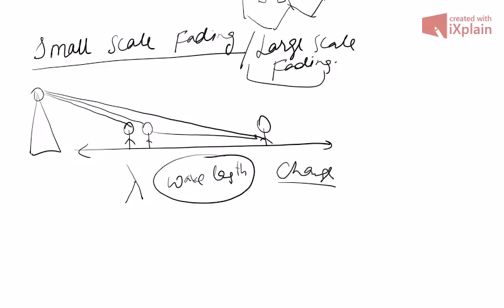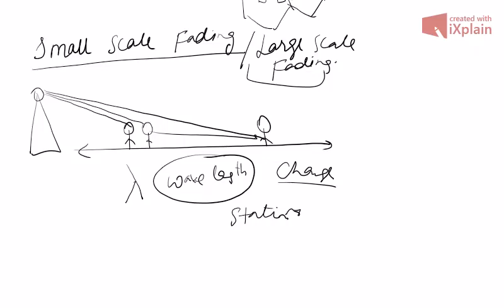Not only that, in a wireless environment, even if you are stationary, you are not moving, because of other objects moving you will feel a change in the signal strength. So we will first study this small scale fading effect, because this is more important from the wireless communication point of view, and then we will also study the large scale fading effect.